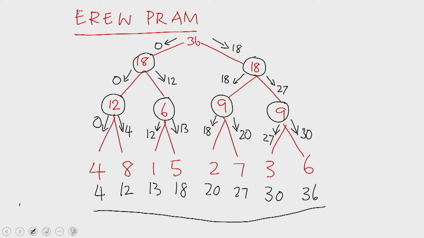So, now let us see a formal specification of the algorithm and do an analysis of the algorithm. So, how do we achieve this effect in a formal specification of the algorithm? For this, what we do is this: at each node we store 3 values.